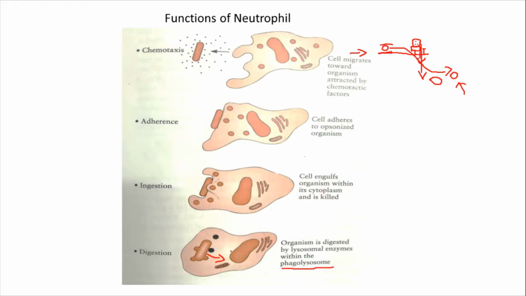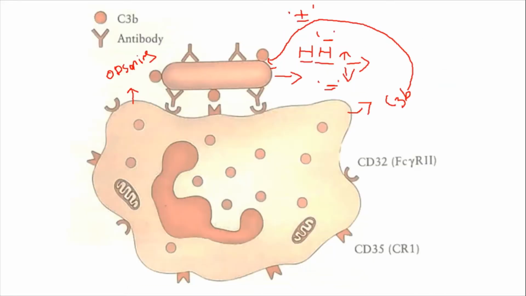The process of digestion in the secondary granules is called respiratory burst. It is a famous biochemical mechanism that takes place in the secondary granules with the antigen. How does it occur?